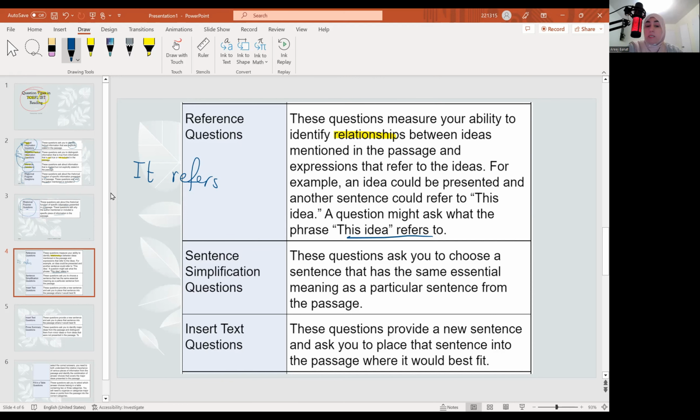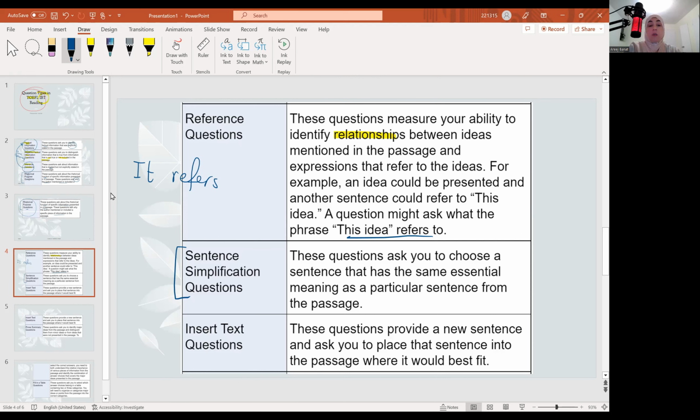The next one is sentence simplification questions. They will give you a sentence and then a number of options to choose from, and they will ask you which of these options has the main idea or the essential meaning, and includes everything that is necessary or important so that the meaning wouldn't change.